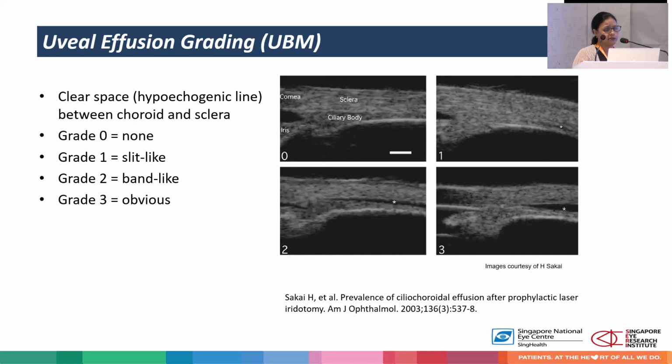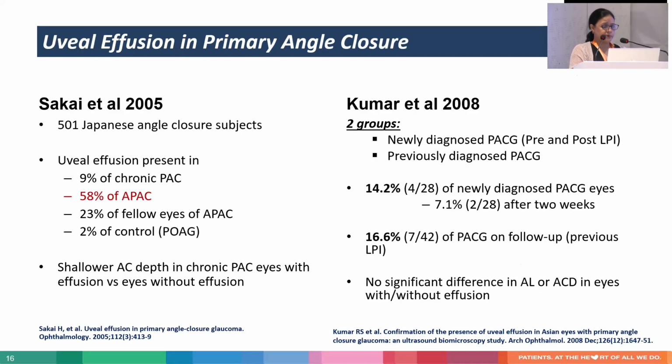So in this paper from 2003, Hiroshi Sakai performed UBM in patients with angle closure and defined a grading system for uveal effusion, comparing it with the ciliary body size as slit-like, band-like, or obvious ciliary uveal effusion. Both in the Japanese as well as in the Singaporean, predominantly Chinese, population, it was found in a higher proportion in acute angle closure and about 10 to 15% in primary angle closure.